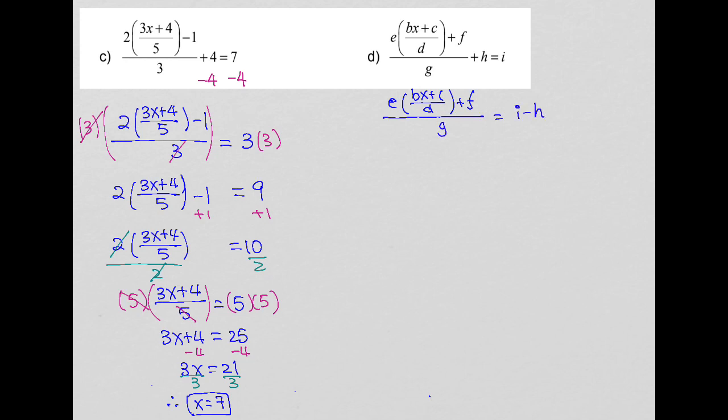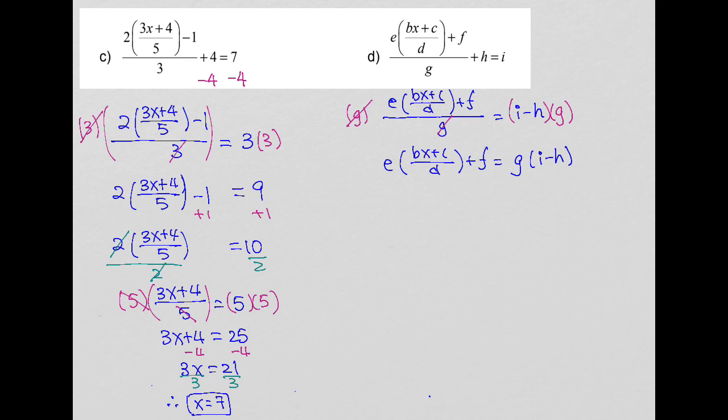The next one is I want to remove the denominator of g. That means I have to multiply by g on both sides. So if I multiply by g on this side, I need to multiply by g on the other side. So g and g can divide each other. So you get e bracket (bx plus c) over d plus f equals g times (i minus h).